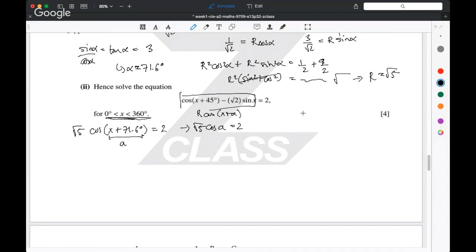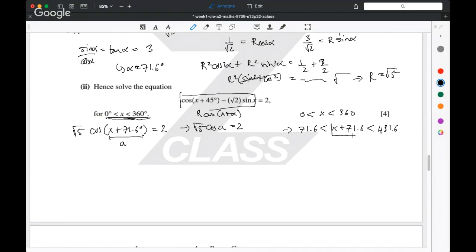Well, that means that 0 is less than x is less than 360. Well, this corresponds to this range. So if x has to be greater than 0, then x plus 71.6 must be greater than 71.6, and the same for the other one.